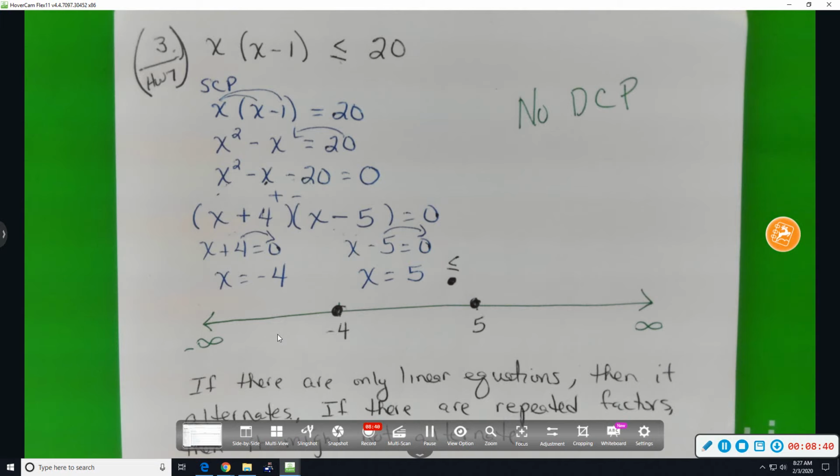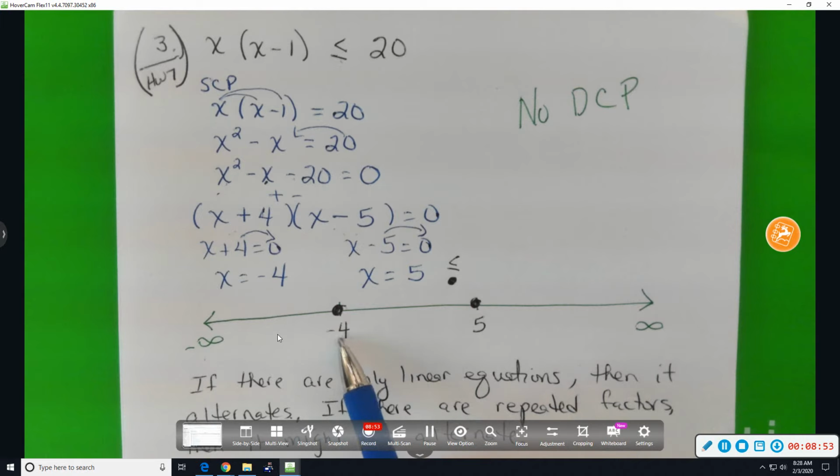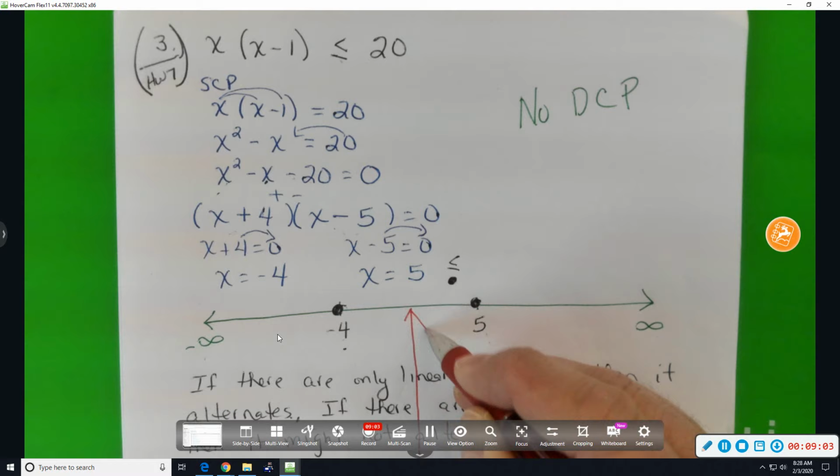And what I normally do, if 0 isn't a cut point, that's the one I choose. Where would 0 lie on this number line? Does it lie between negative infinity and negative 4, between negative 4 and 5, or between 5 and infinity? Negative 4 and 5. 0 always lies between a negative and a positive.